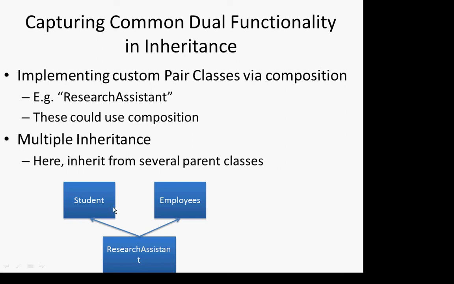We could, for example, define something that's a student employee, and then have research assistant derived from that, in which case we've kind of linearized something that we want. We want naturally to have two separate lines, but we could linearize it into a single line by having employees, student employees, or research assistant, or have students at the top, student employees below that, and then research assistant.